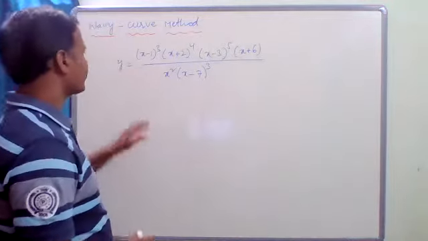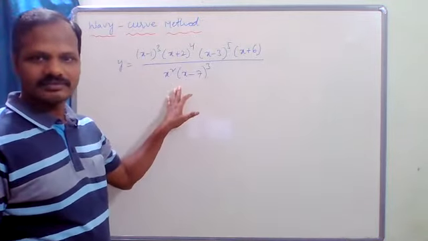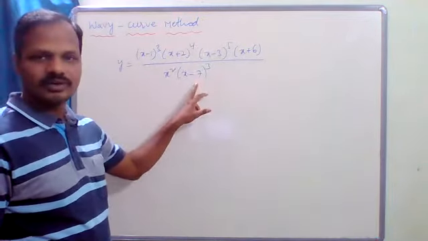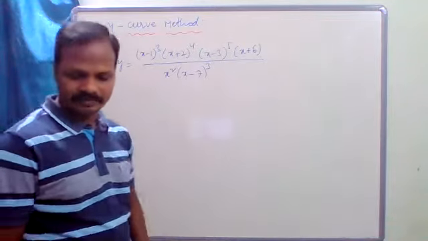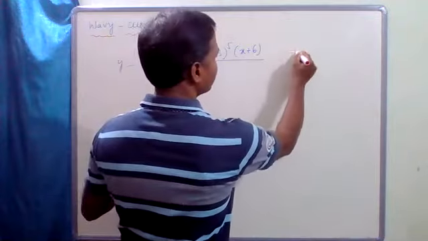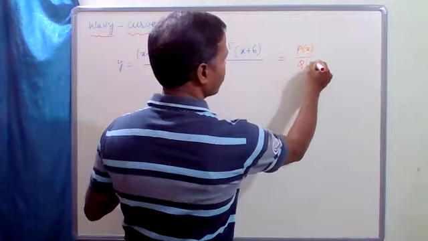Okay, so this is our given function, a rational function. This is p of x and this is q of x. So this is of the form p of x by q of x.